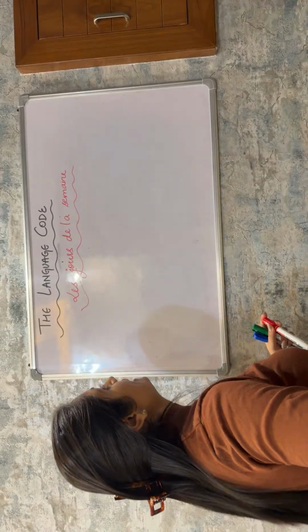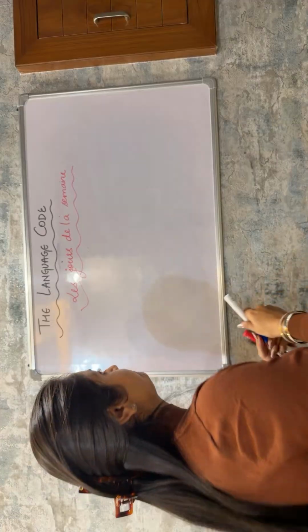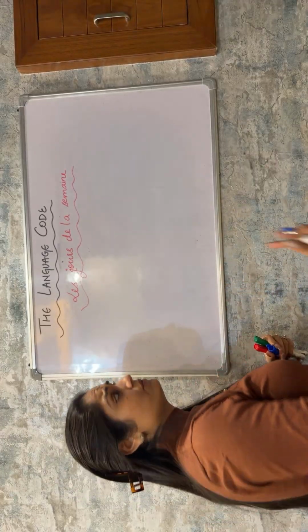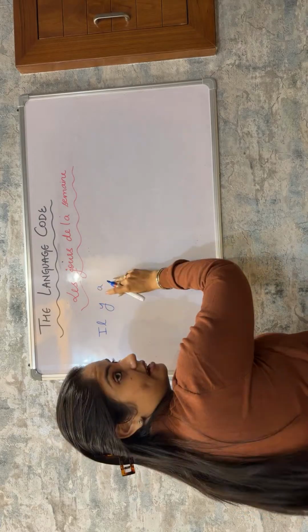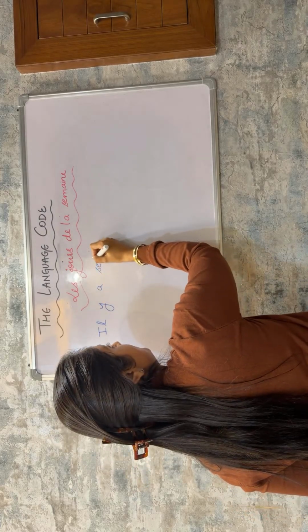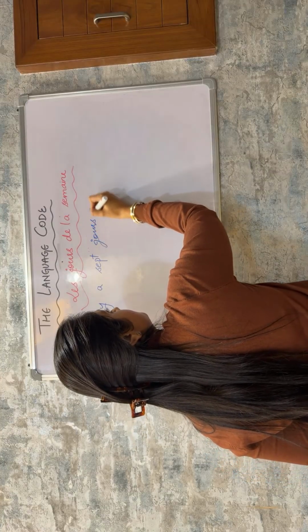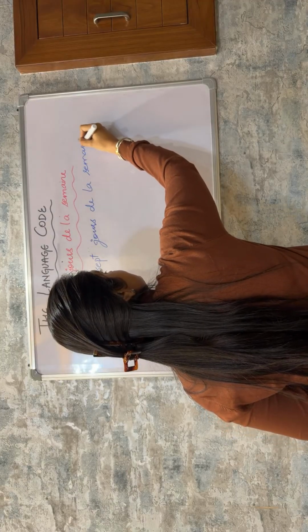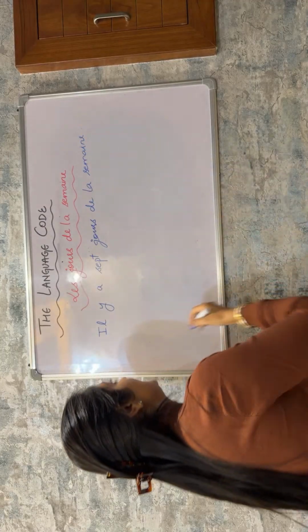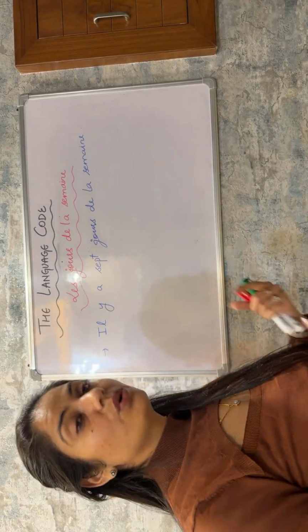All right, so let's start the days of the week. There are 7 days in a week. How do we write this? Il y a 7 jours de la semaine. Oui, there are 7 days in a week. Il y a 7 jours de la semaine.